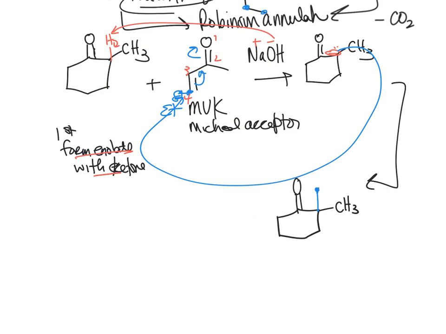This goes here. That's 4, 3. That's 4. This is 3. This is 2. Okay, and looks like that. And between the 3 and the 2, you get the double bond here.